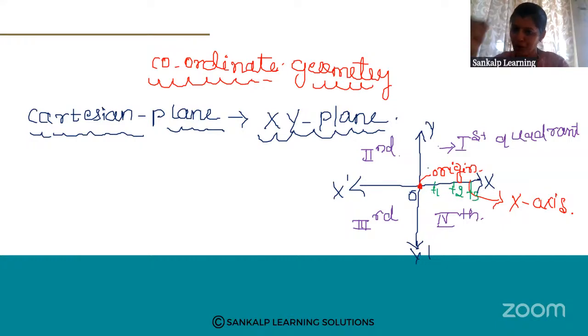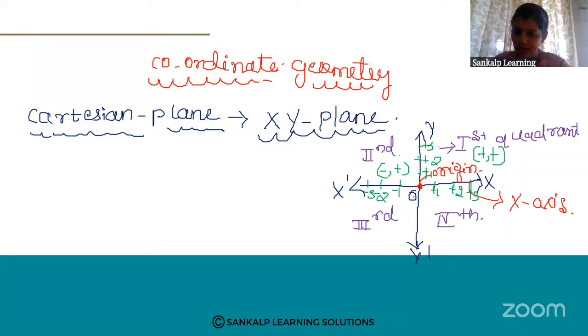So in the first quadrant, x is positive and y is positive. In the second quadrant, we have -1, -2, -3 on the x-axis, so x is negative and y is positive. That is minus and plus in the second quadrant.